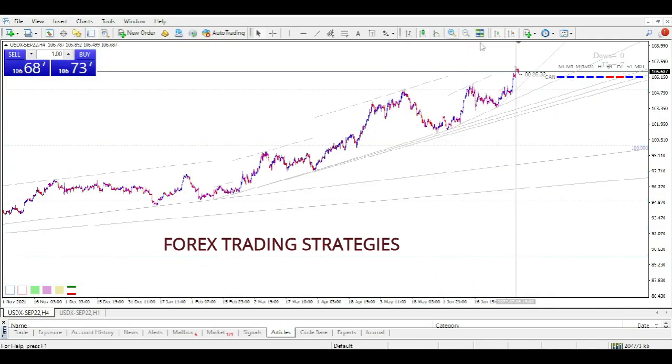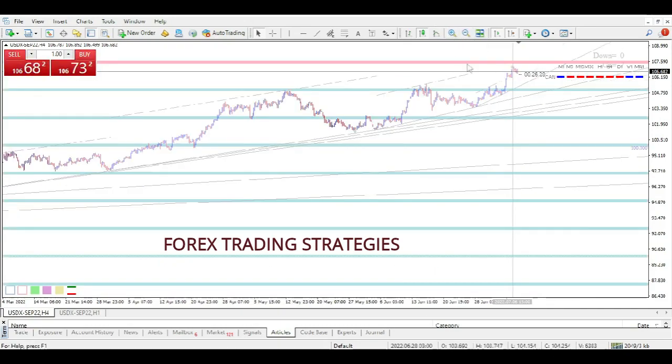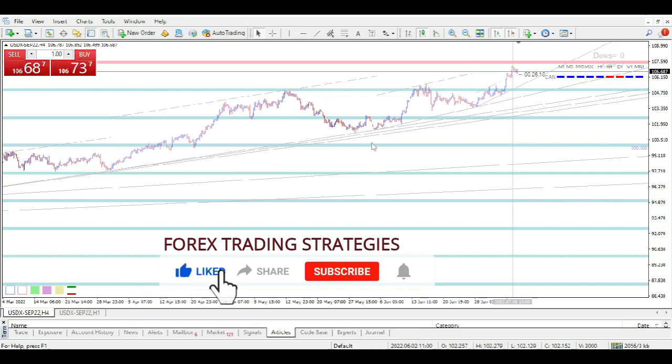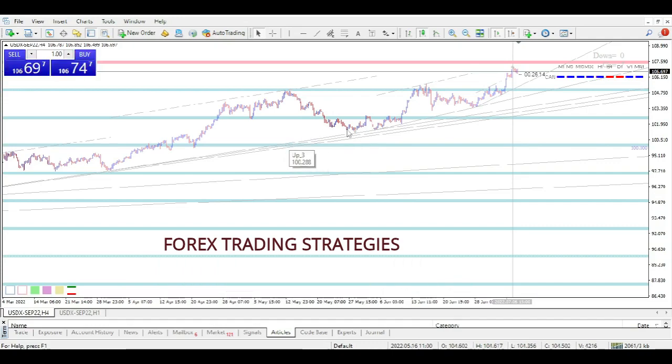If you're an intraday trader, you don't swing, you don't do anything. Here you can find good opportunities for intraday trading because our zones have been marked. We understand where the trend is going, where it's coming from, what potential it has, and things like that.